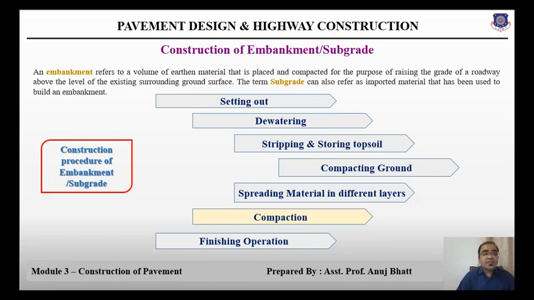The different layers of the embankment will be marked on pillars fixed outside the toe line. So this is the compaction process that has to be performed till the density is achieved. The next is the finishing operation.